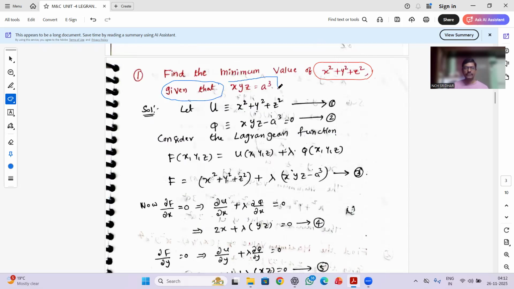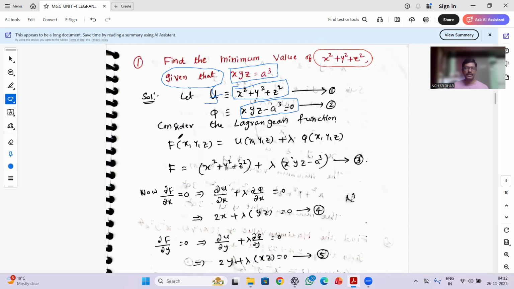First you need to observe what our f and our pi are. This is our f, not u. Small f of x, y, z is equal to x square plus y square plus z square, and pi is equal to xyz minus a cube, which is equal to 0. These two are very, very important.